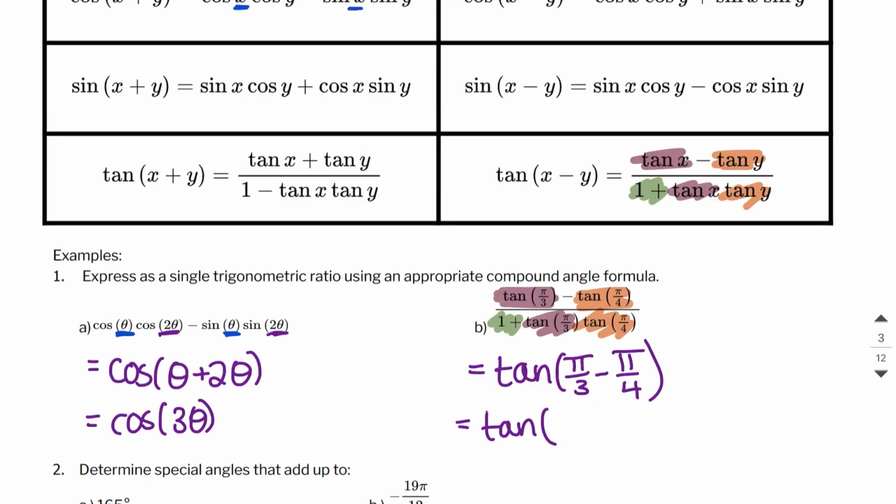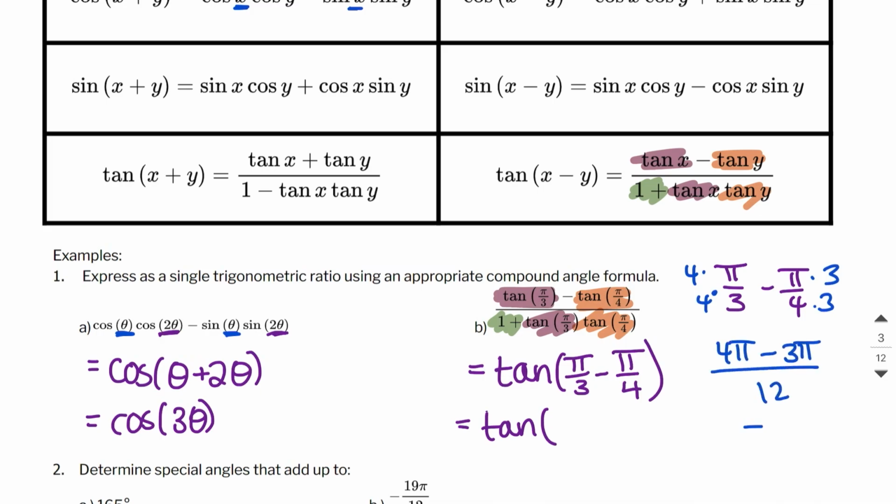So the tan of pi over 3 minus pi over 4, at this point in time, it is literally just fraction work. So they have a common denominator of 12, multiplied by 4 on the left fraction, multiplied by 3 on the right fraction. So I get 4 pi minus 3 pi all over 12, which is pi over 12. So this means that it would be tan of pi over 12.